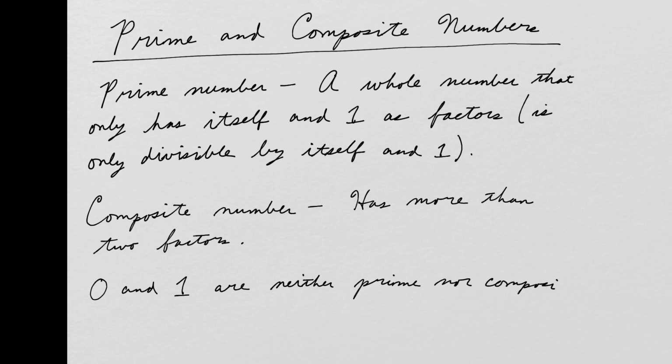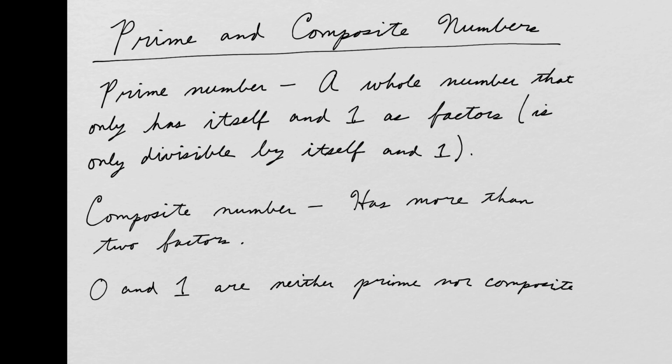They're like special cases. So when we talk about prime and composite numbers, we ignore 0 and 1. We start with 2. Okay, and in any other whole number, so from 2 on to infinity, any number in there is going to be either prime or it'll be a composite number. Okay, one or the other.